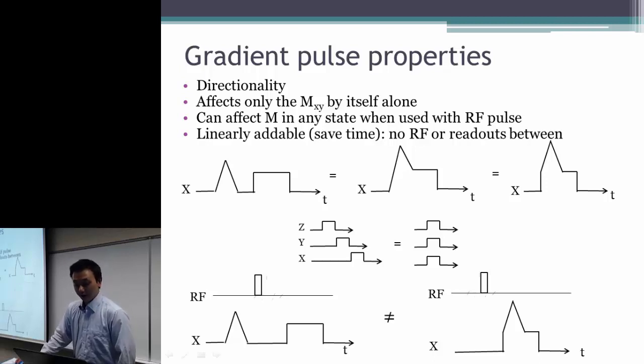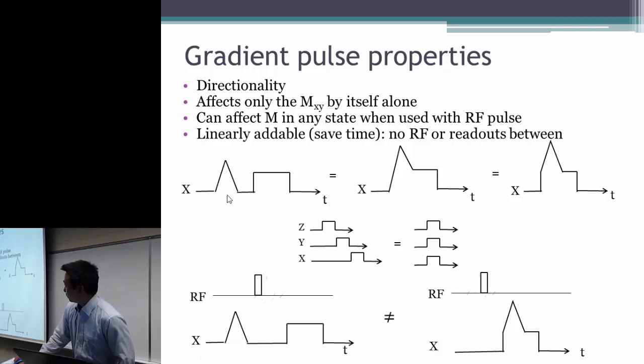Okay, there is also a very important property of the gradient pulse: it is linearly addable, so two different gradients can be added together to save time. The premise is that there is no radio frequency pulse or readout between these two gradient lobes.